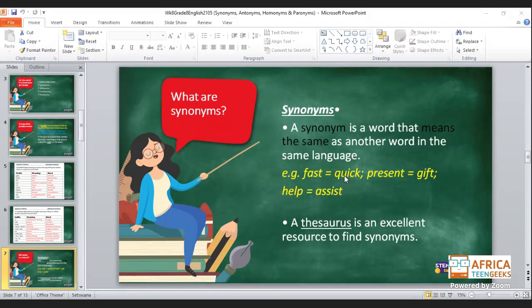Preston also gives us an example saying small and tiny. Thank you. Neo says high and soaring. Yes, Neo, you are correct. Thank you, Neo. Thank you so much. Yes, the synonym for high is soaring. Then we have our viewer saying the synonym for car is vehicle.